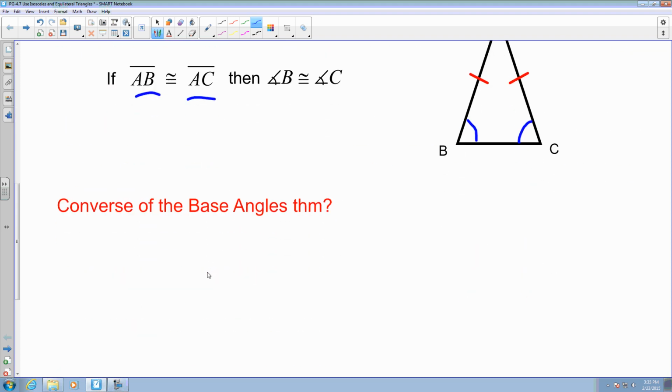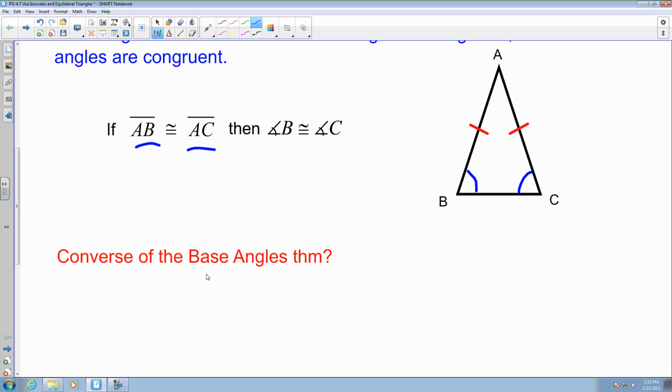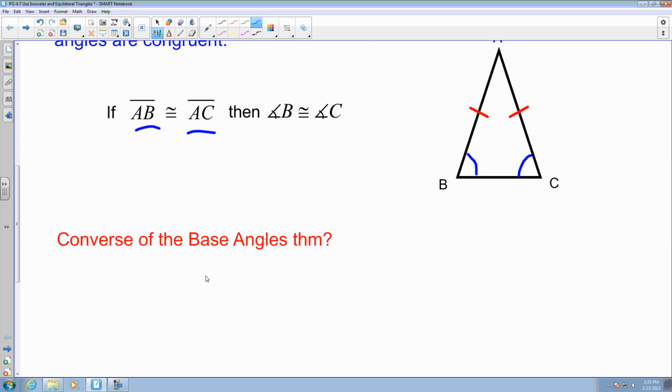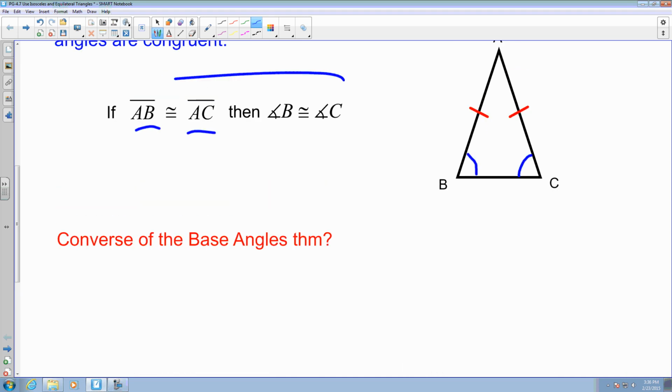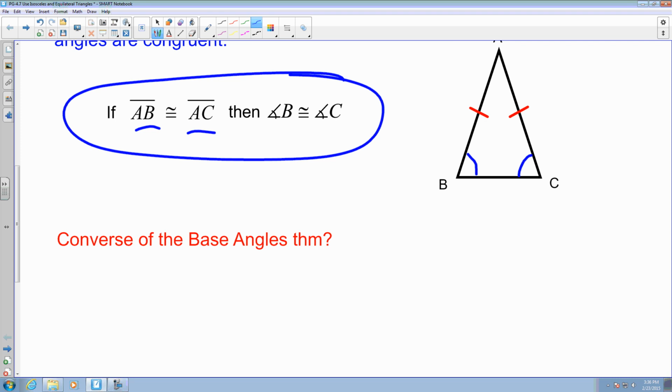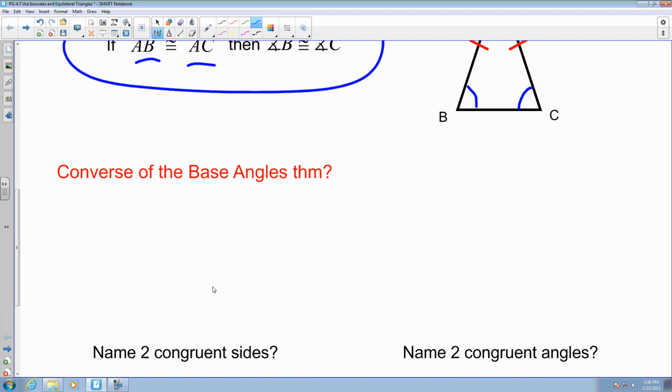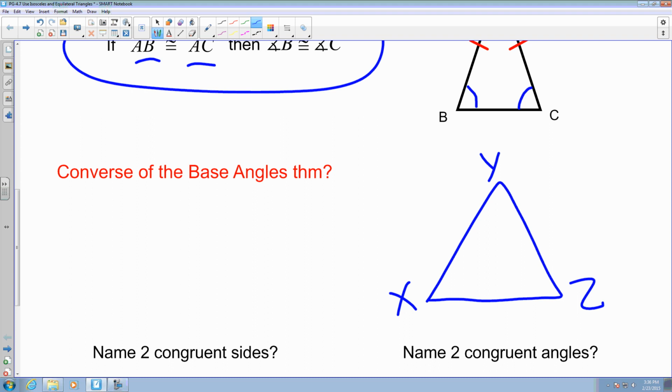Now, we're looking at the base angle theorem, but we also have what is called the converse of the base angles theorem. It's kind of flipping this definition. Say we have a triangle with vertices X, Y, and Z, and it tells us that these two angles are congruent.